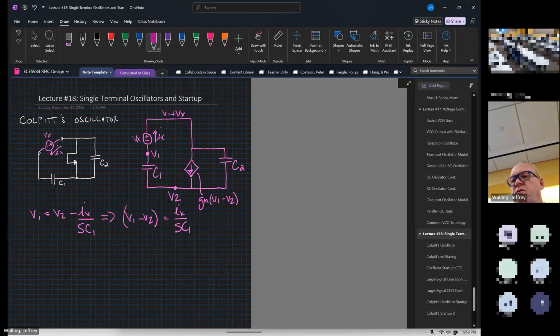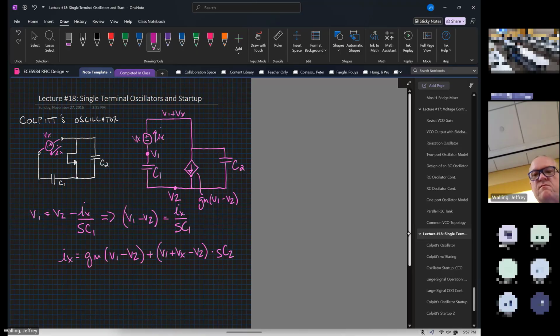And then we can go to the drain node and we can say that Ix is equal to gm times (V1 minus V2) plus (V1 plus Vx minus V2) over the impedance of the capacitor, over 1 over sC2, which means times sC2.